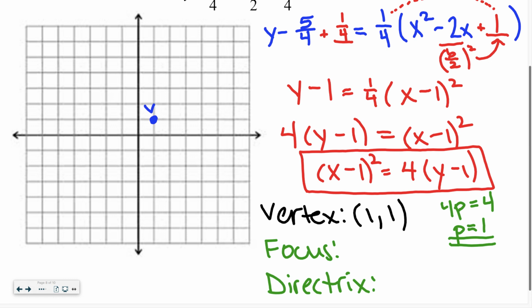Let's review why. The x is squared, so it's going to open up or down. Since p is positive, it's going to open up. So I'm going to count p up for my focus, and then I'm going to count down p, and that is where we draw our directrix. So plot them on the graph and then write them down.